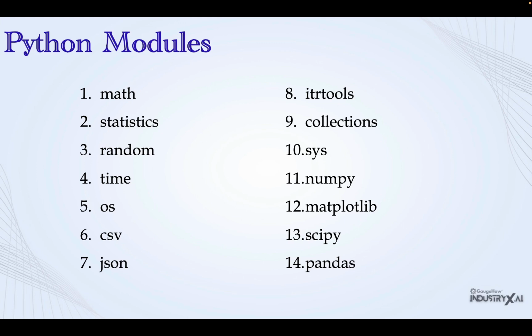The next is itertools, and it provides tools for working with iterators and generating combinations or permutations. And it is useful while analyzing multiple design scenarios or parameter combinations. Next is collections, and it provides specialized container data types such as deque and Counter and many more.